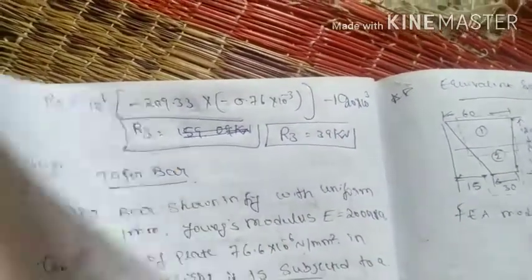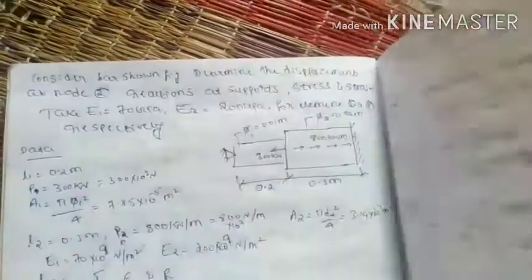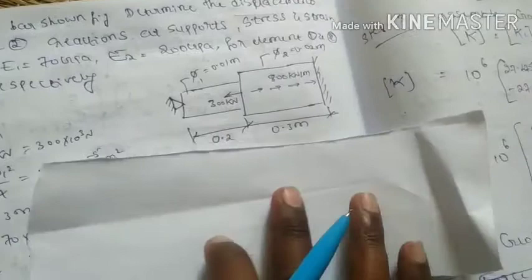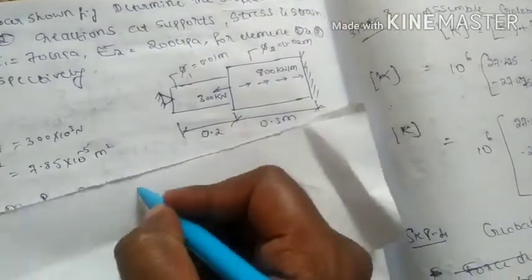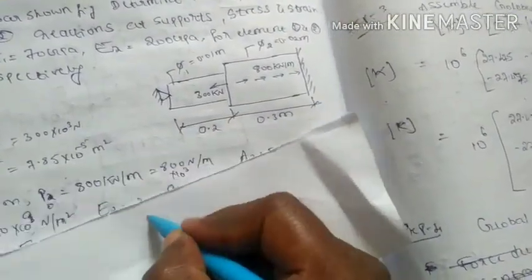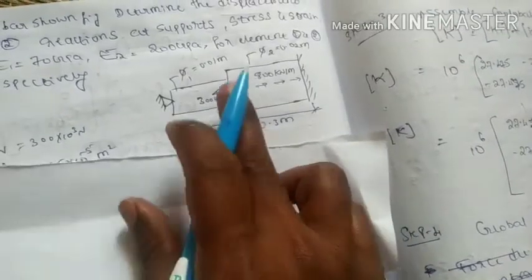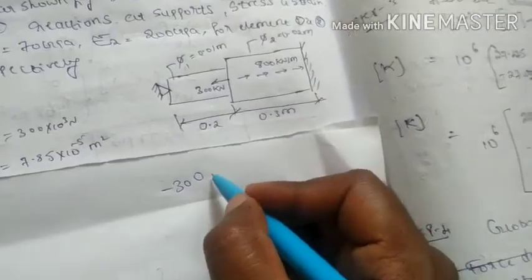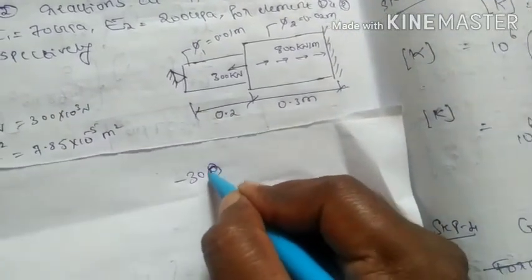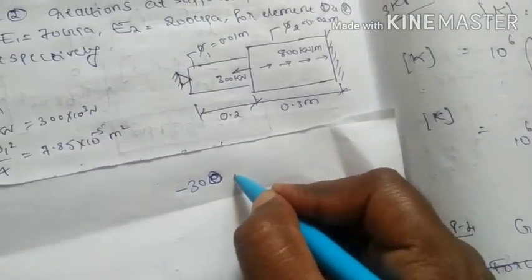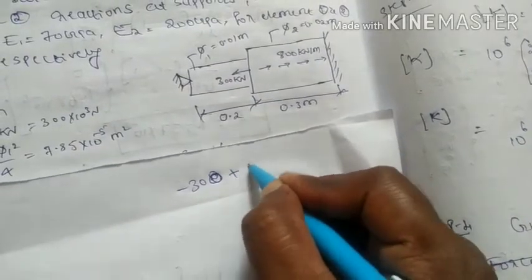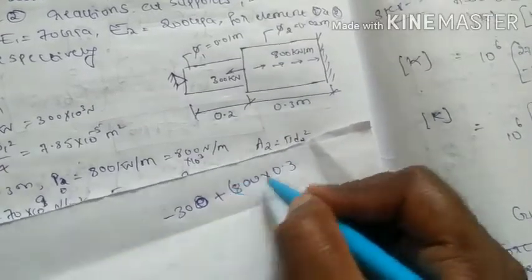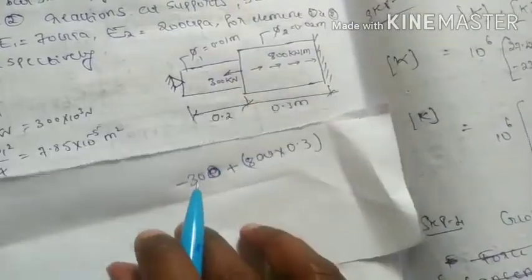Let's validate this value. See the problem now. What is the total force applied? You observe, the total force applied: 300 is under compression, therefore minus 300, and the 800 distributed load for a length of 0.3.